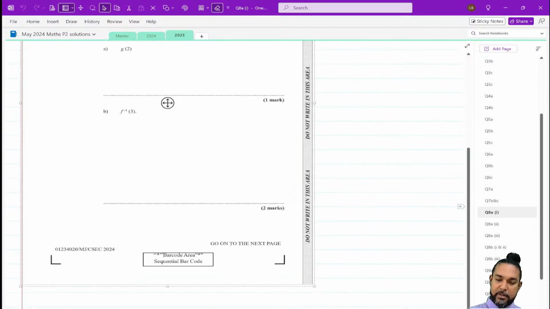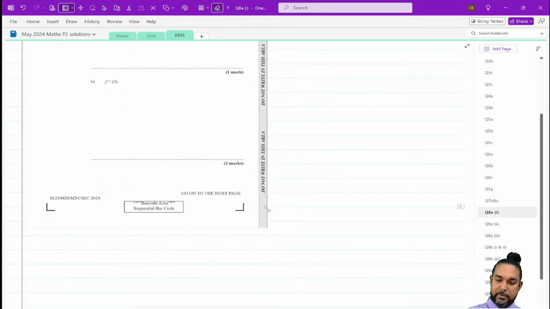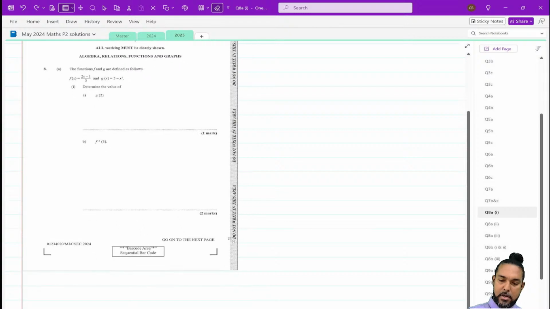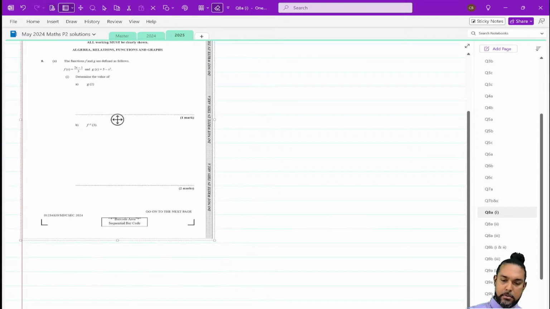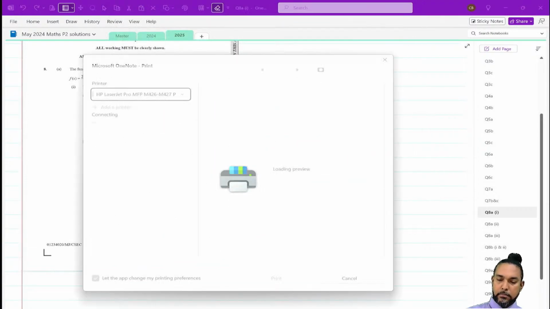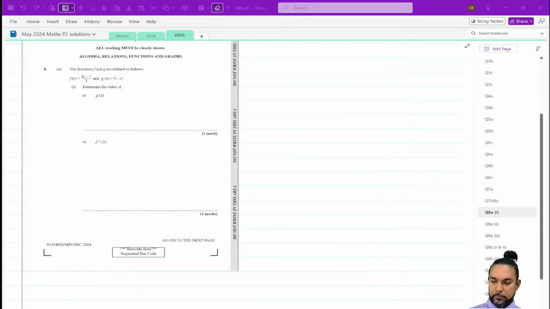Give me one sec. I'll put this to print for the gentlemen who don't have papers. All right, I'll zoom back in.